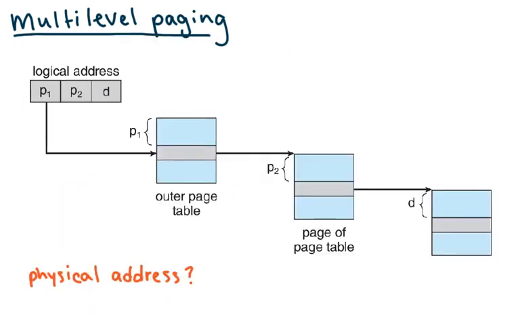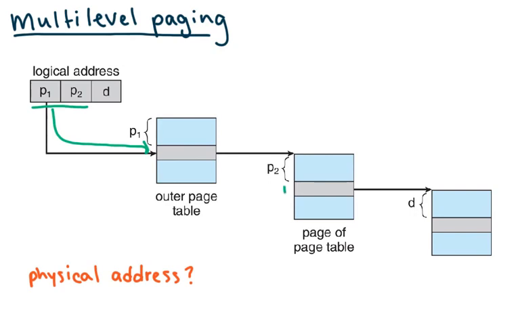So here we have a 2-level page table, and we have two different page numbers, P1 and P2. We address into our first page table, and that allows us to access the second page table, to see where we need to be in P2.